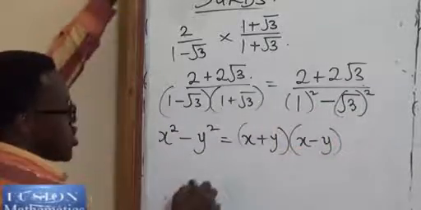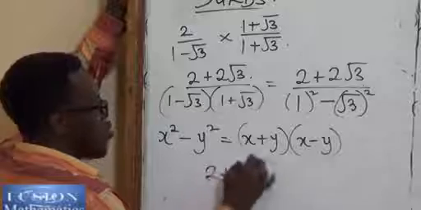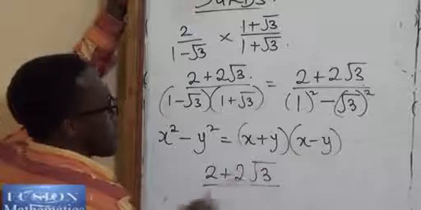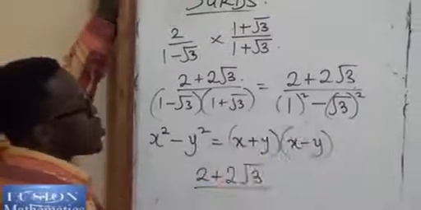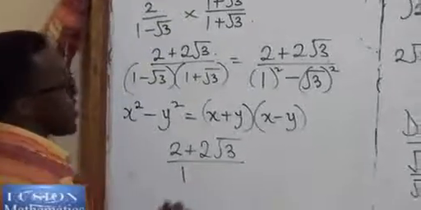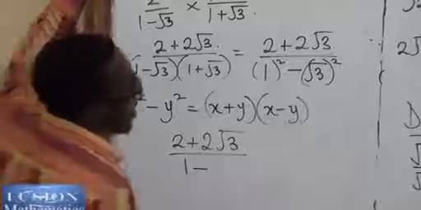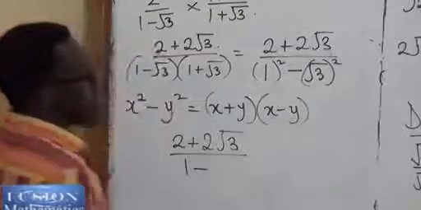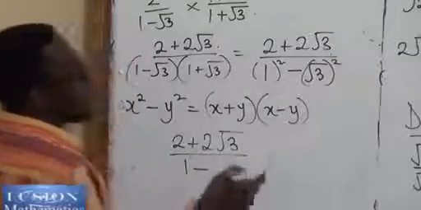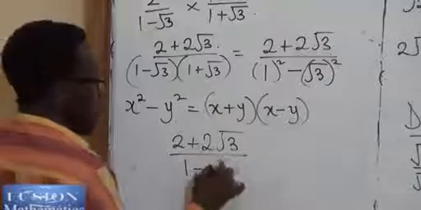Let's solve it here. This will give us 2 plus 2 root 3 all over 1 raised to power 2, which is 1, minus root 3 raised to power 2 will give us what? Root 9. Root 9 is equal to 3.